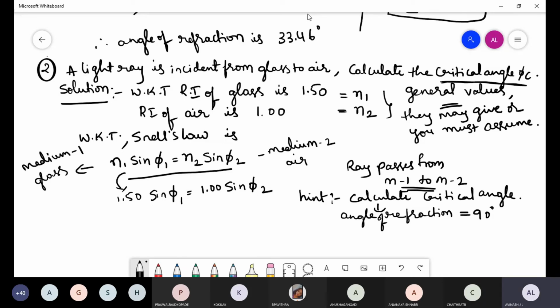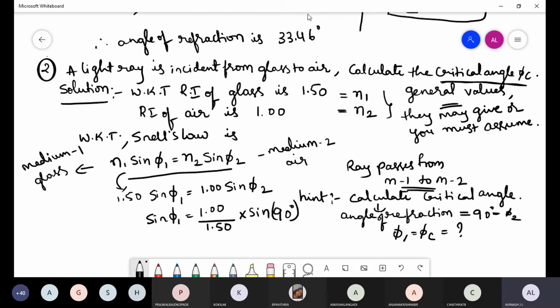So what is the critical angle? Angle of incidence is what? This angle of refraction will be equal to phi 2. Then we need to find out phi 1 equal to phi c, that is critical angle. So in that case, I can consider that sin phi 1 equal to 1.00 divided by 1.50 into sin 90 degrees.